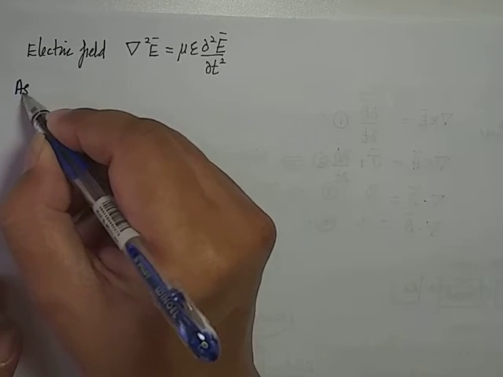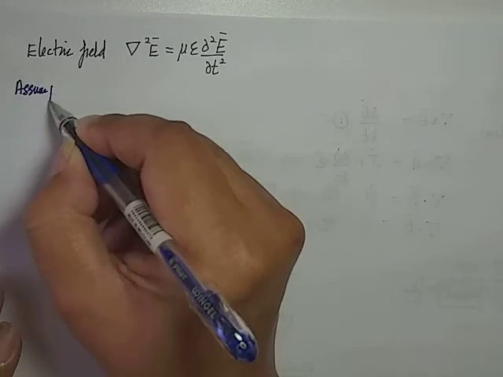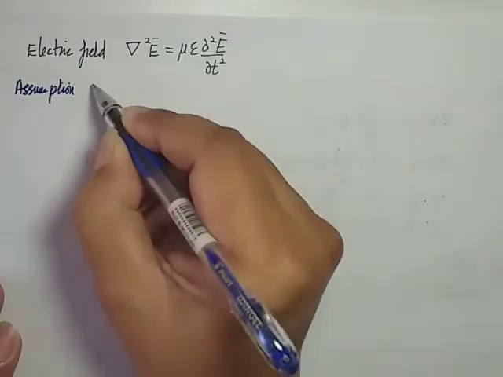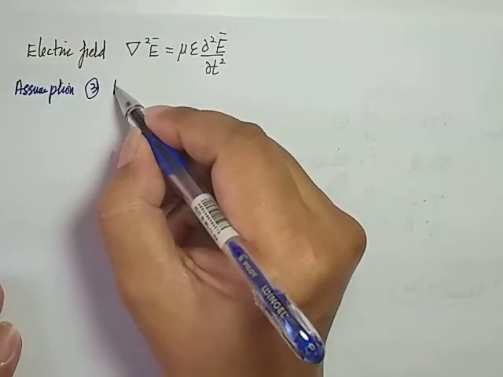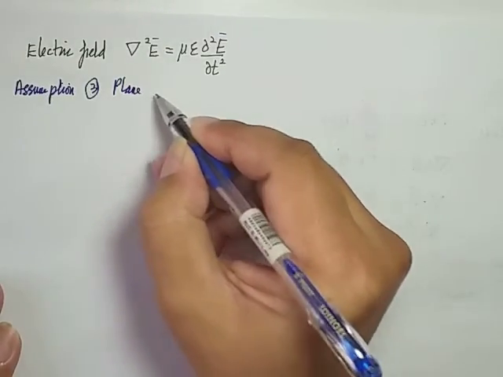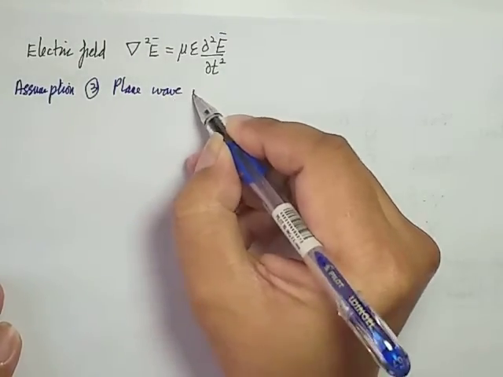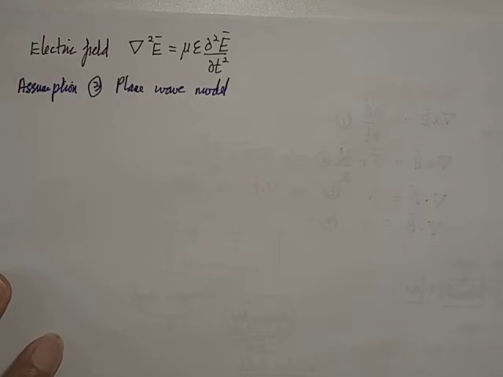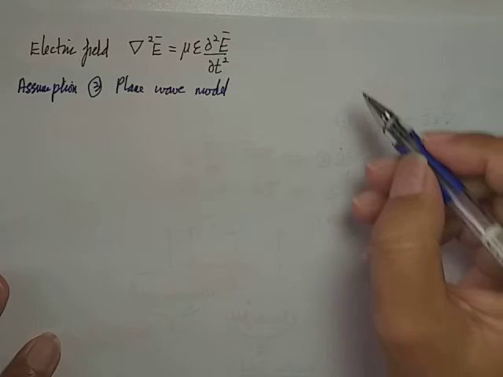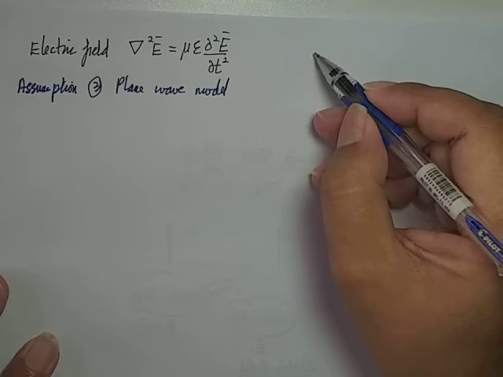Assumption number 3. Okay, we are dealing with the plane wave model. What does it mean? It means that this is your antenna.